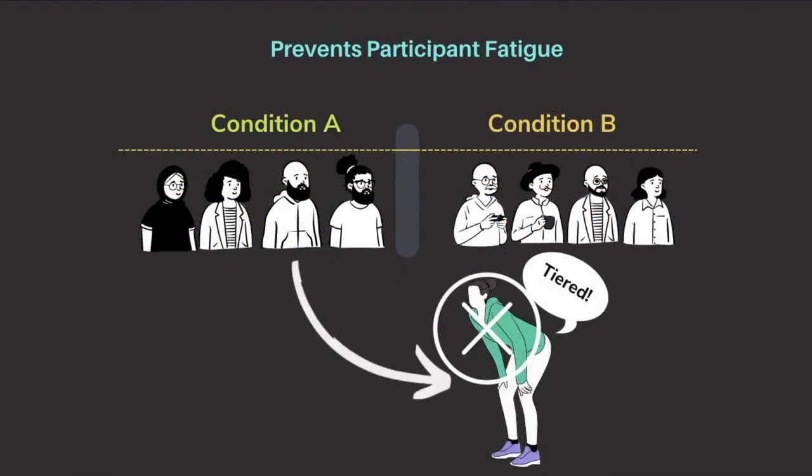The next advantage of using the between subjects design is that this research design prevents participant fatigue. Because each participant in this research design participates only in one condition, they don't have to repeatedly participate across different conditions or groups. This allows them to not experience any effects of fatigue.